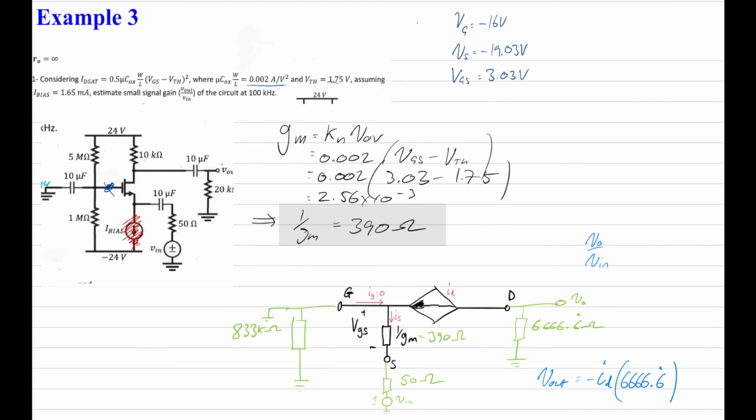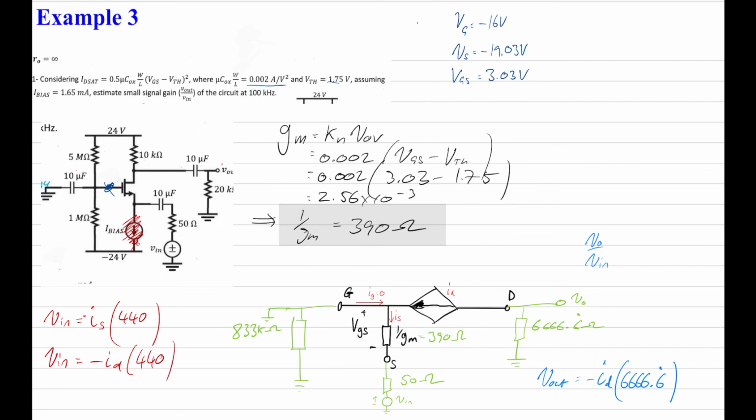So we could say, again, V equals IR. So we could say that V in equals IS times the resistance on that path, which is 390 plus 50, which is 440. And now we have a relationship between V in, oh, that should be negative, of course, as well. Now, we can also say that IS equals ID. So we can say that V in equals minus ID times 440.